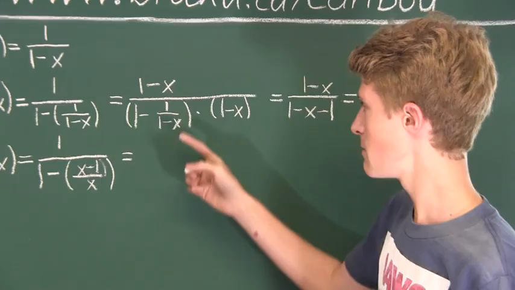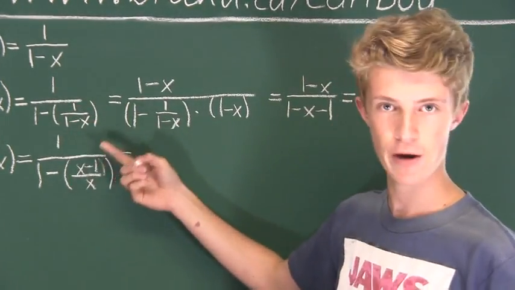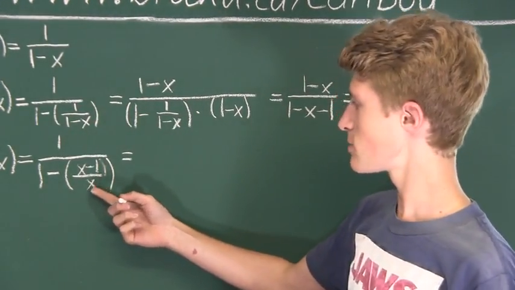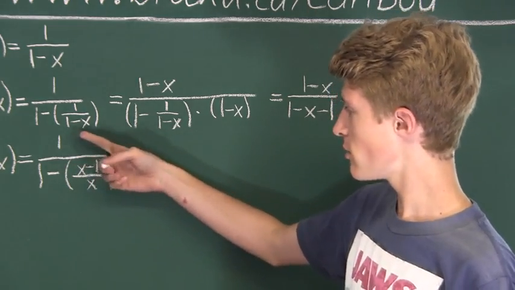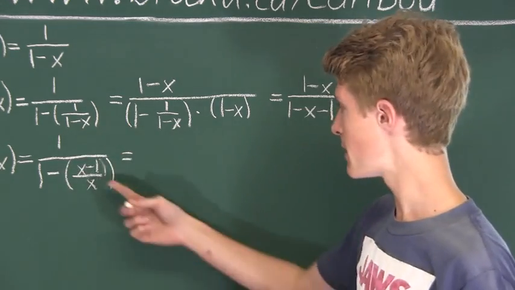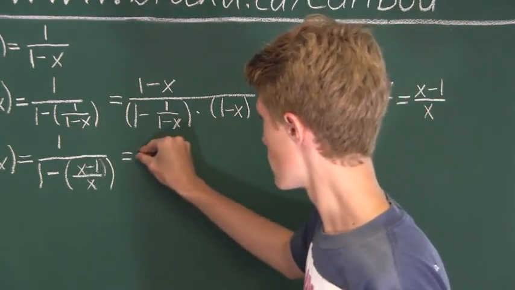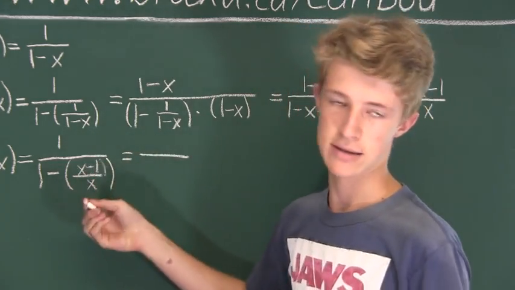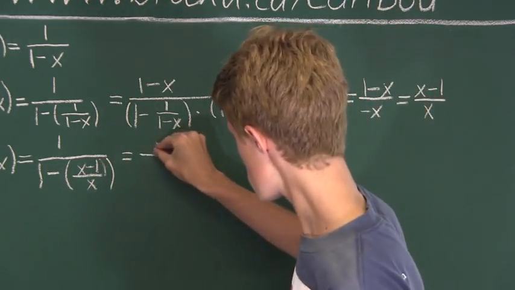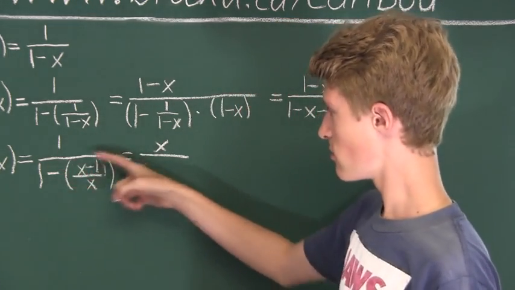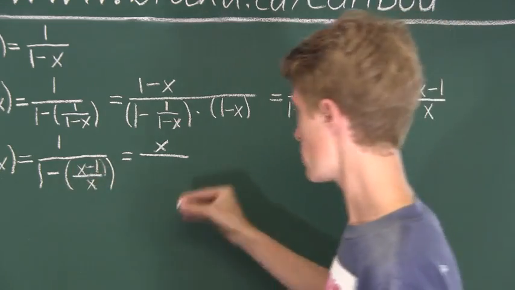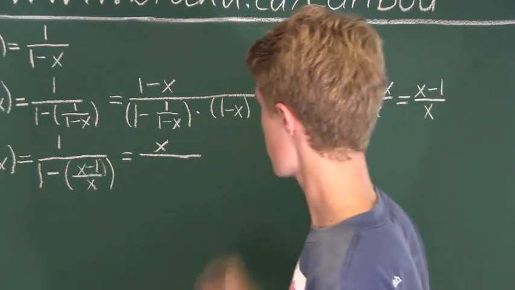Again, we will do the same thing as we did here, and we will simplify this. Since we don't want this small denominator, we will multiply the numerator and the whole denominator by x. So 1 times x is x. And then we have 1 minus x minus 1 over x, the whole denominator, times x.